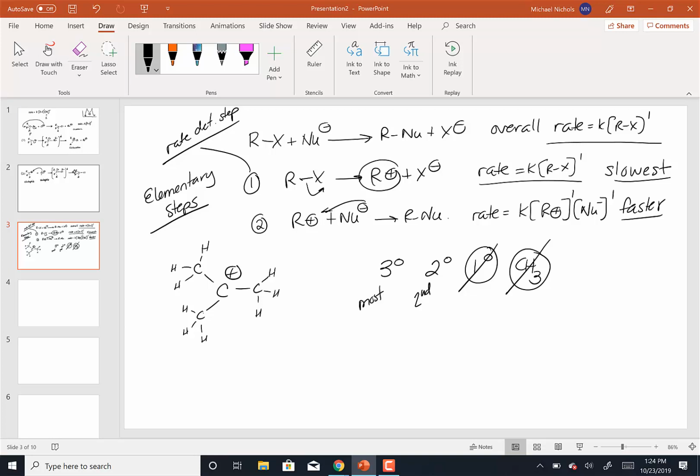So, studying carbocations, we find that tertiaries are the most stable, and then we have to ask ourselves why. What's stabilizing a tertiary carbocation? Well, it has to be the added alkyl groups, because the more alkyl groups I add, the more stable the carbocation is.